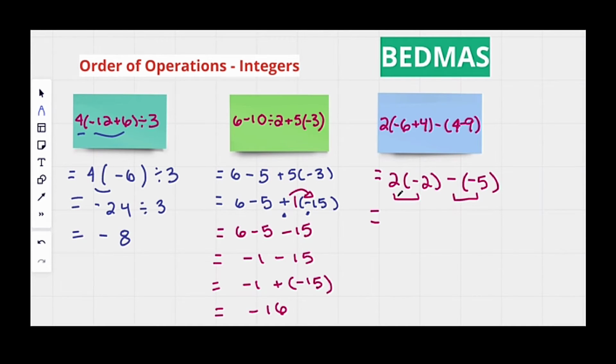So 2 times negative 2 is negative 4. Okay, and our imaginary 1 right here, so negative 1 times negative 5 is positive 5. So we did the 2 multiplications. Okay, now negative 4 plus 5 is 1.